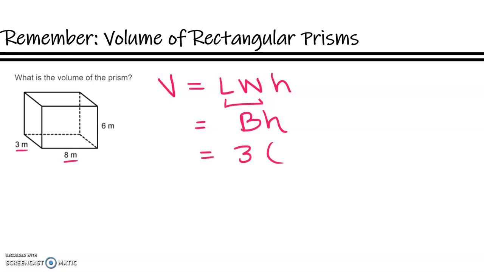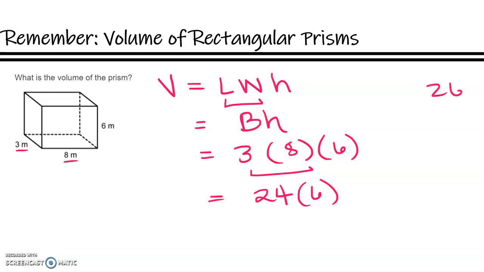So we're going to do 3 times 8 times 6. And you can multiply in any order. I'm going to multiply here first. 3 times 8 is 24. Then you bring down your 6, and 24 times 6.